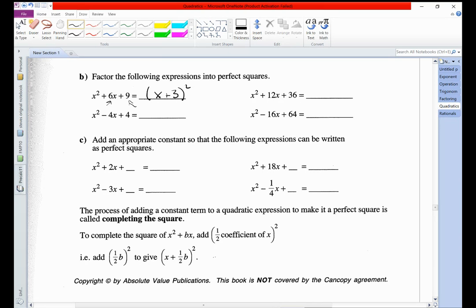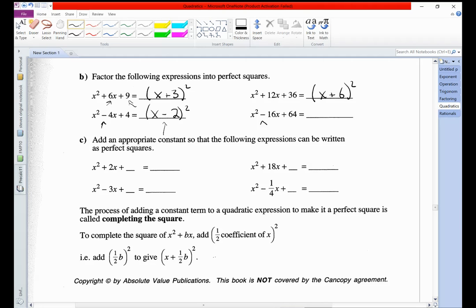Same thing with 12 and 36. We know that x plus 6 will work because 6 plus 6 is 12 and 6 times 6 is 36. Next, x squared minus 4x plus 4: the negative sign tells me there's going to be a negative in that binomial, and the two numbers that add to 4 and multiply to 4 are 2.